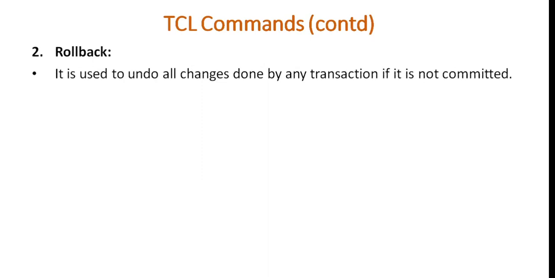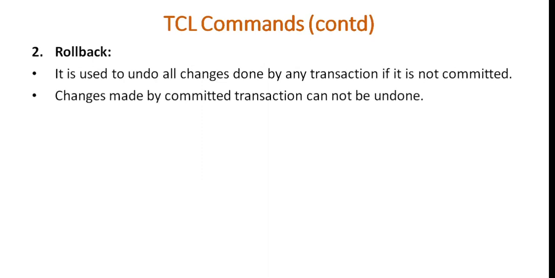Then we have the rollback command. It is used to undo all changes done by any transaction if it is not committed. The commit command is used to save all changes permanently, but if we have not committed a transaction, then we can undo the changes, that is, we can roll back the transaction.